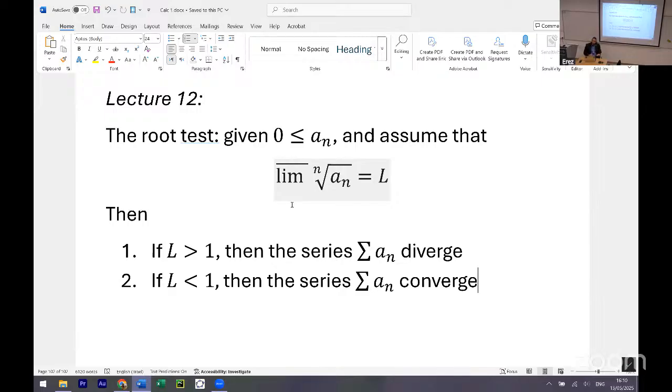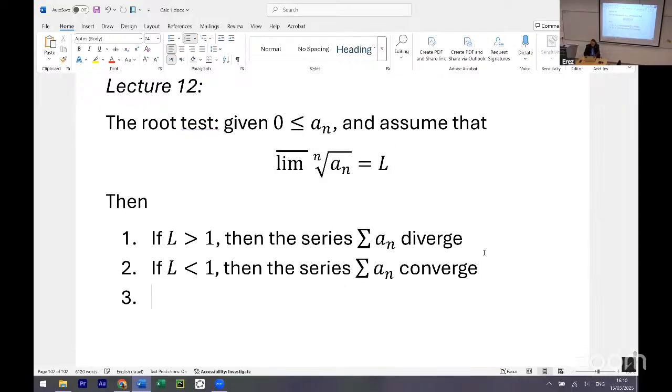So the lim sup is the largest limit of a subsequence, and the lim inf the smallest one. So saying that the lim sup is L does not tell us a lot about other elements. It just tells us that if there is another subsequence that has some limit, it will be smaller than L. Okay? So, proof.